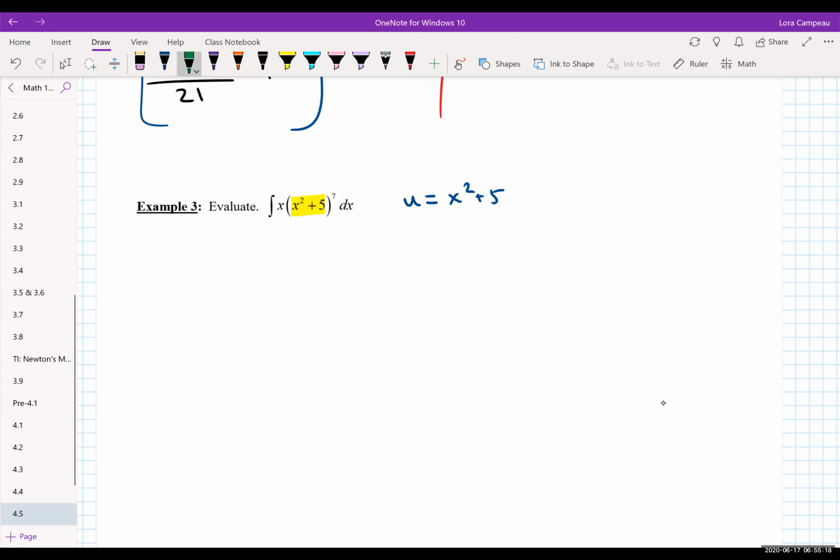So then when I calculate the derivative of u with respect to x, that was 2x, and then multiply that times dx. And so I scan my integrand and I notice, okay, I see the x as a factor. I see the dx as a factor. And then I notice, aha, I'm missing this.